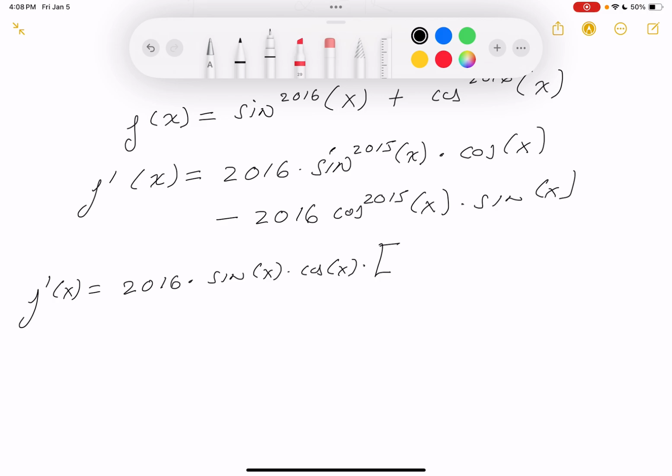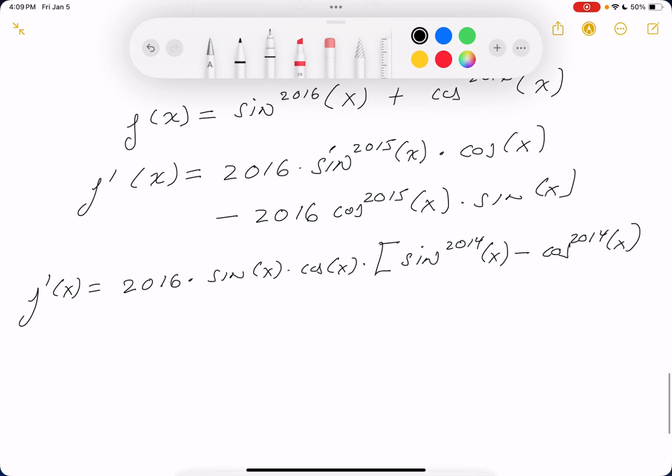Well, you're left with the sine of 2014x minus the cosine 2014 of x. All right, so I'm going to keep massaging this thing a little bit each time.